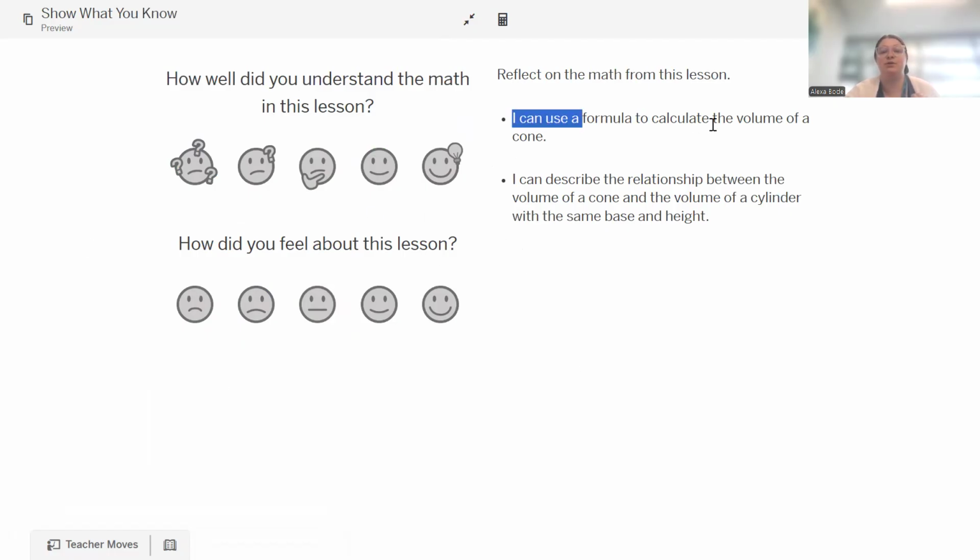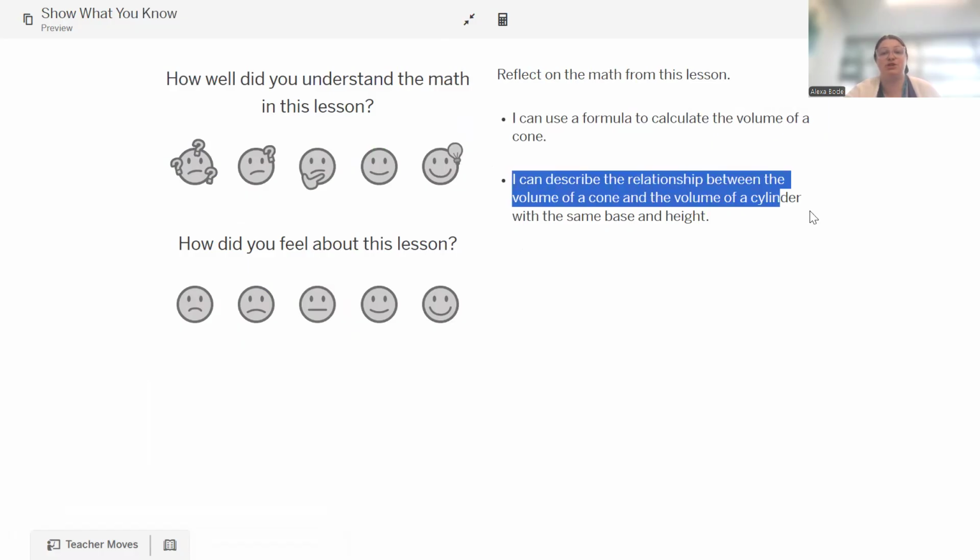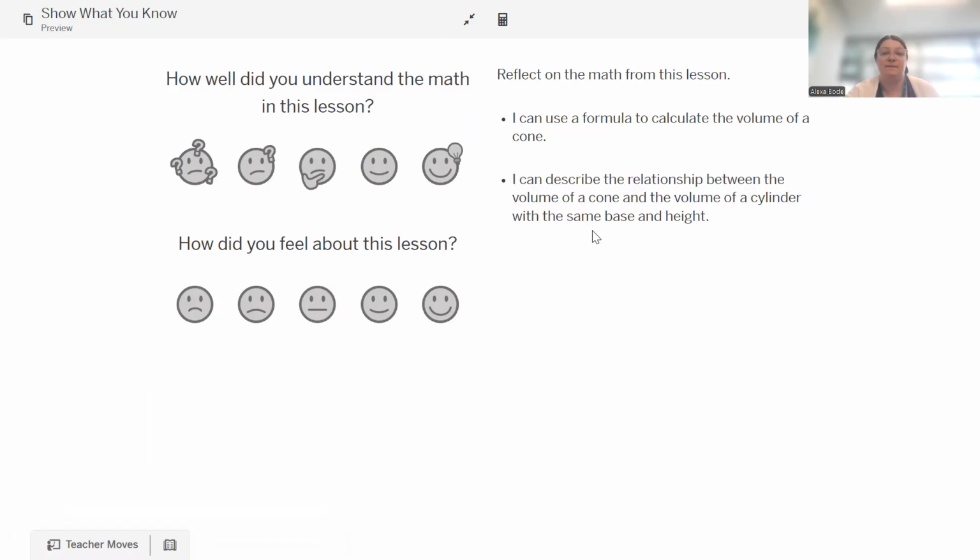So can you use the formula to calculate the volume of a cone? And can you describe the relationship between a cone and a cylinder with the same base and the same height? Do you know how to find the volume of a cone if I gave you the volume of a cylinder with the same information? And can you use the formula for a cone to find its volume?